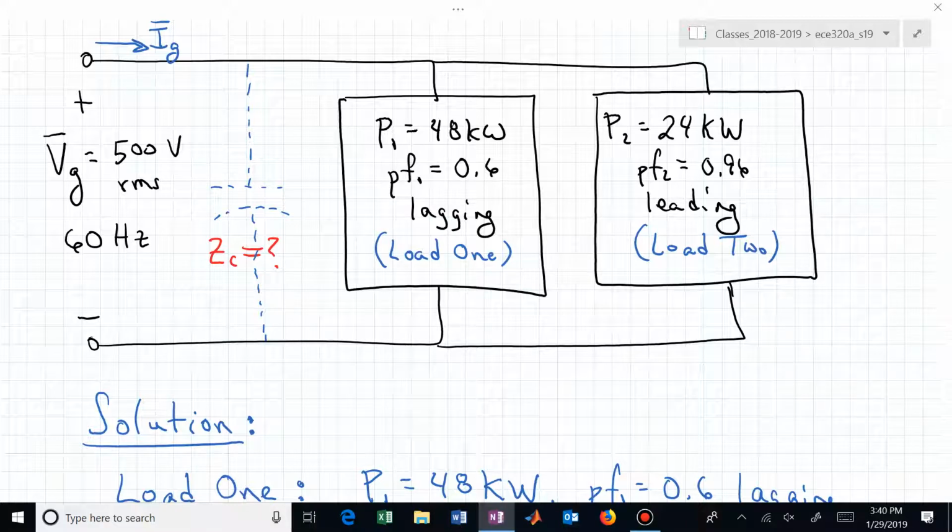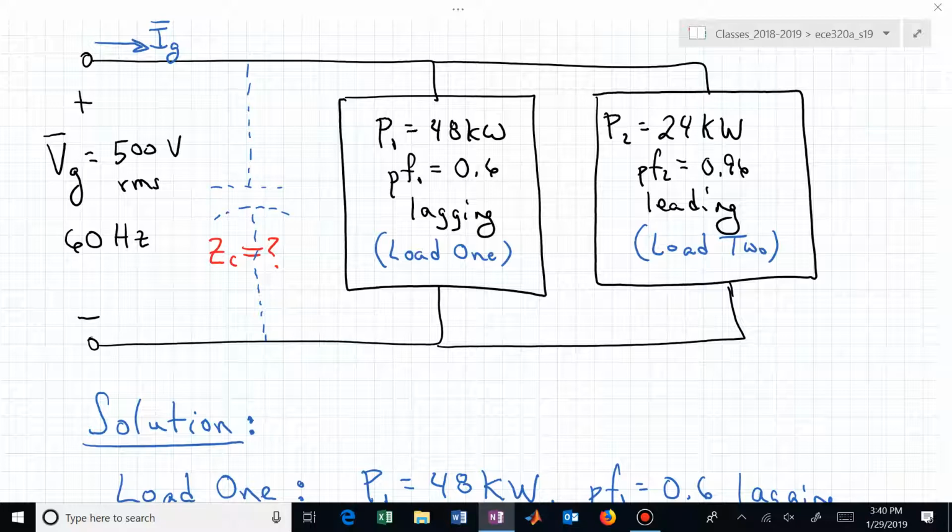So when you see that load 1, you should be saying, oh, P1 is 48 kilowatts. I have 48 going horizontally. And then I have a particular angle, and since it's lagging, I know that angle is going up. And what we will see in a minute is 0.6 for a power factor. That tells us something about the size of that angle.